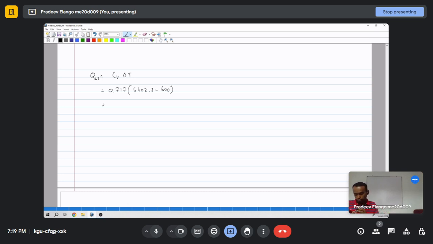So that is 0.717 into (5402.8 minus 600). This is 3443.6 kilojoules per kilogram of mixture.